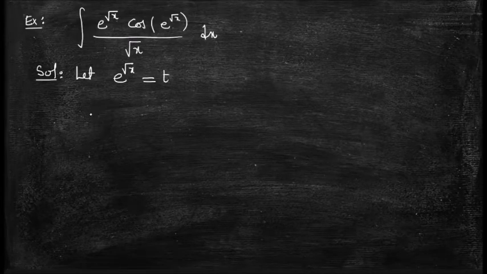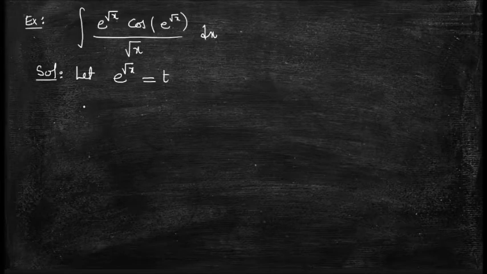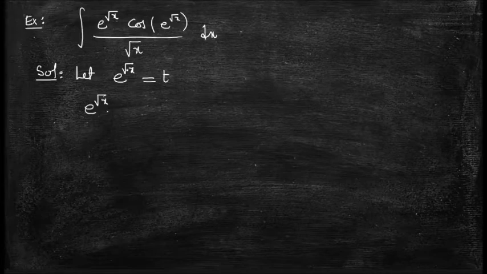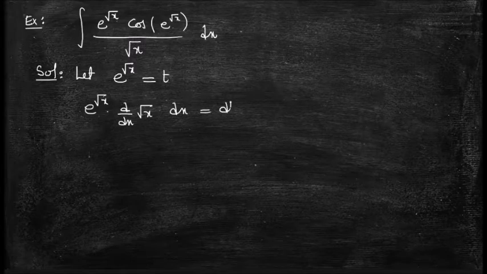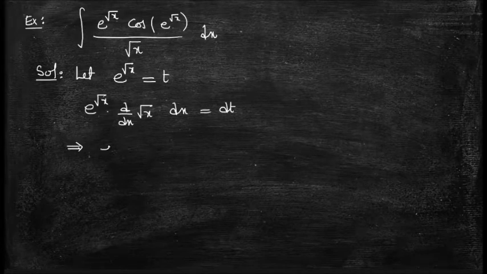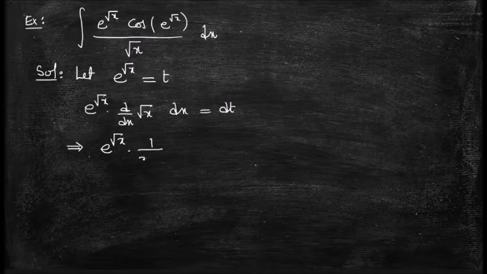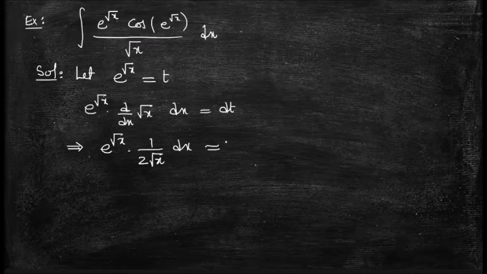On differentiating it, we get e power root x, but since it is root x, we have to differentiate root x again. What is the differentiation of root x? 1 by 2 root x. So we can write e power root x into 1 by 2 root x dx is equal to dt.